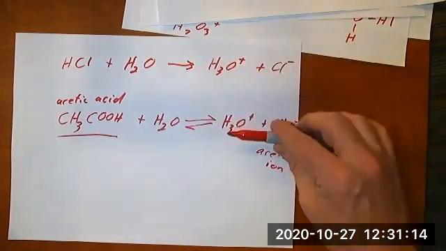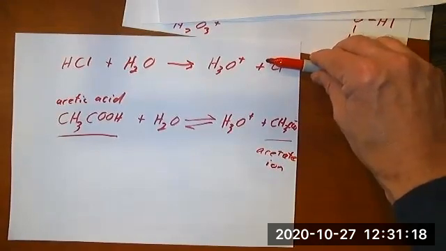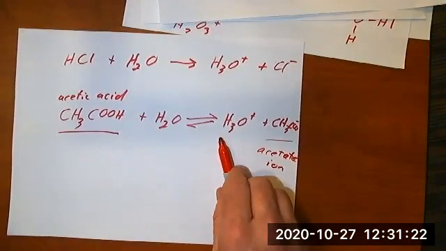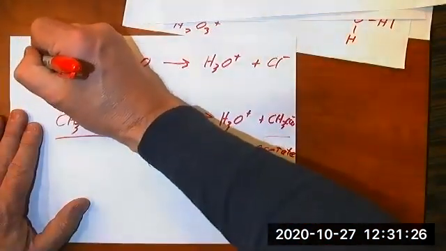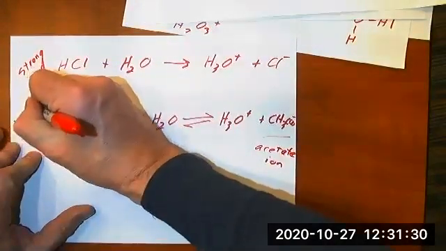This distinction between it always dissociates completely versus it is in equilibrium is our distinction between a strong acid and a weak acid.